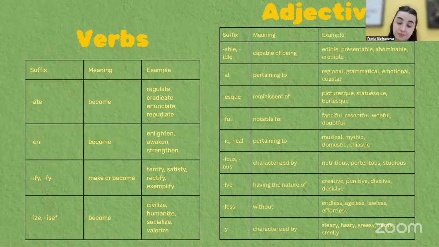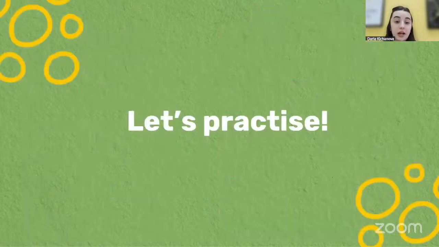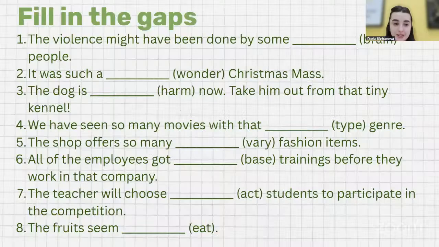So you can play with these parts of speech and just practice using these suffixes, or if you want, prefixes. And of course, now you will have the possibility to practice. And your task here, we won't work with prefixes, but we will work with suffixes.